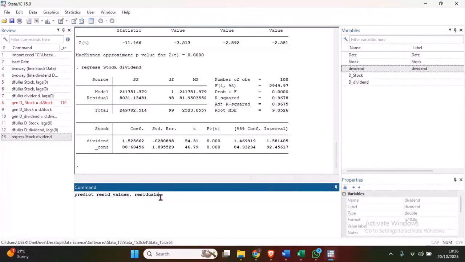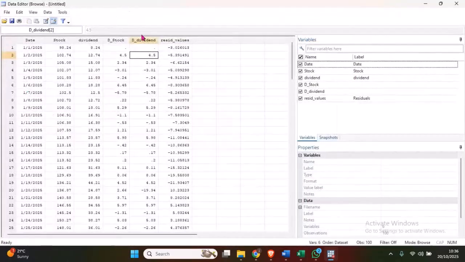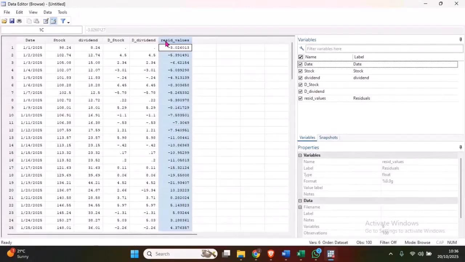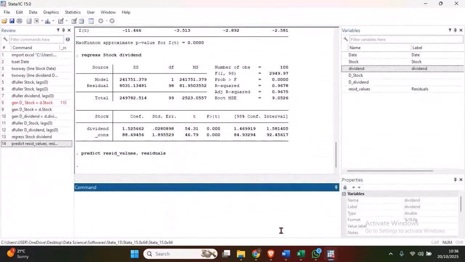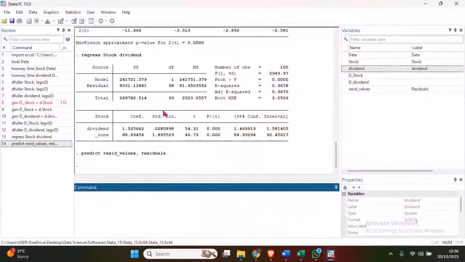Just press enter, and if you check the data now, we have a new variable called residual values. These are simply the error terms that we have generated and saved. Our interest, as I have said, is to test the stationarity of these residual values, so that we can test if there is co-integration or not.